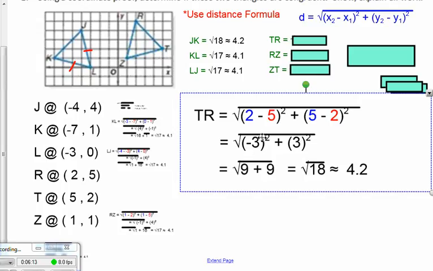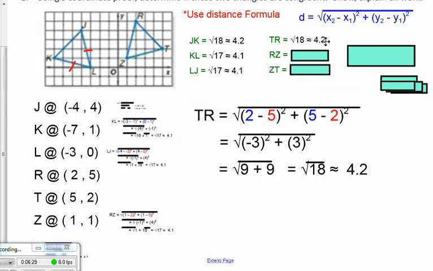Both of those, either -3 squared or 3 squared, will end up at 9, because -3 times -3, negative and negative, is a positive. 9 plus 9 is 18. Square root of 18 is around 4.2. So in this case, from T to R, they're both 4.2.